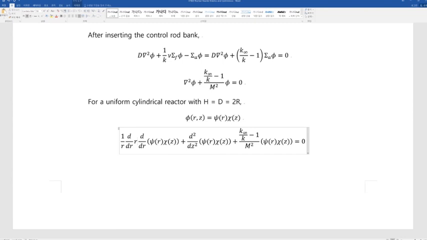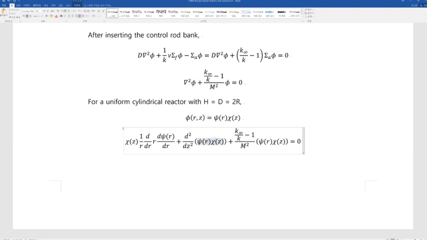So when we divide each term with phi, in other words psi multiplied with chi, first what we can see is that this is a derivative with respect to r. So for that reason, chi can be taken out here. So what we are going to see is that this is only a function of psi.